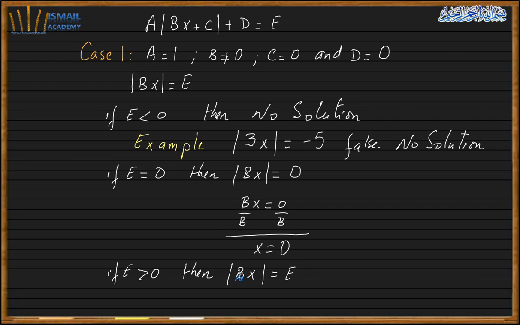We know absolute value of something may come from a negative or a positive. Here I discuss the cases: if the inside is positive, bx equals e, and if the inside is negative, bx equals minus e.